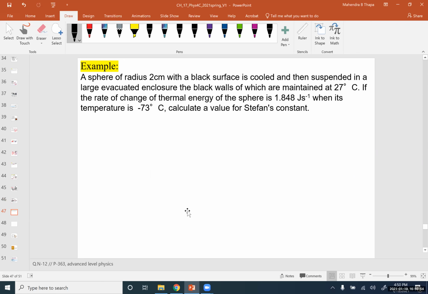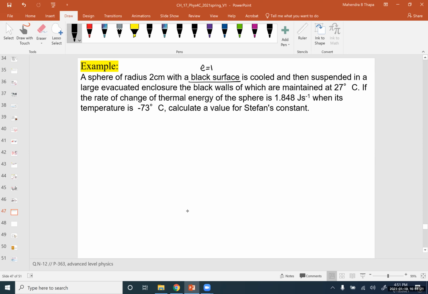At this point, I will solve one problem based on this Stefan-Boltzmann law. A sphere of radius 2 centimeters with a black surface. Black surface means they don't give you the value of E, so we assume emissivity equals 1.